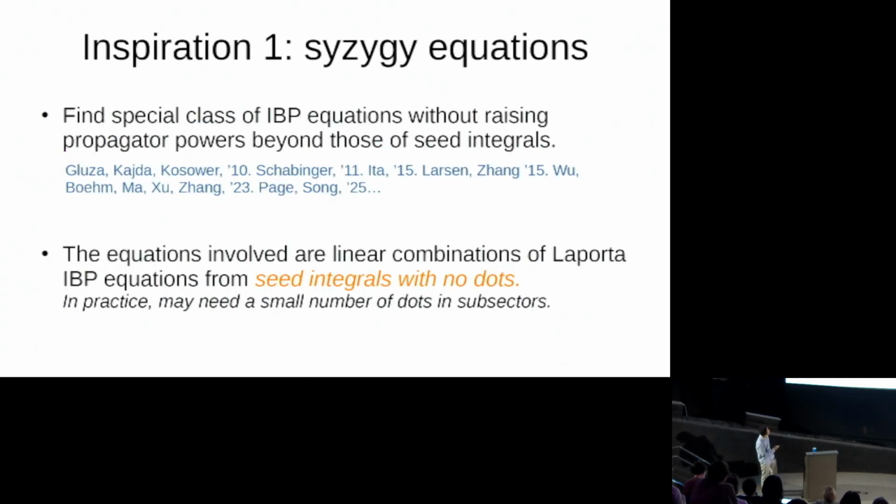One intuition comes, personally for me, from syzygy equations. People have shown that you can do IBP reduction without seed integrals with raised propagator powers. And if you think about their fancy approach of syzygy equations, their equations are actually linear combinations of the simple IBP equations in the Laporta approach.